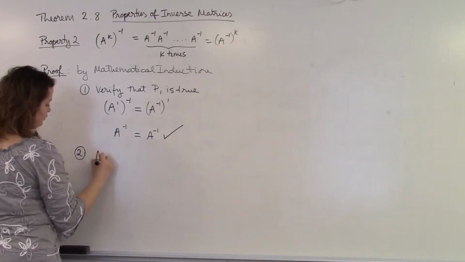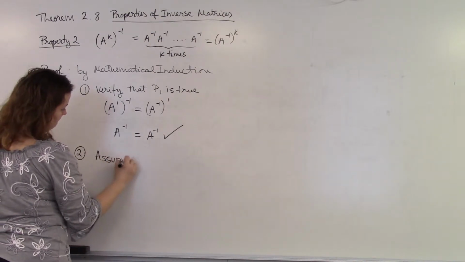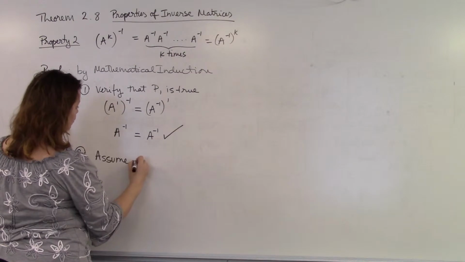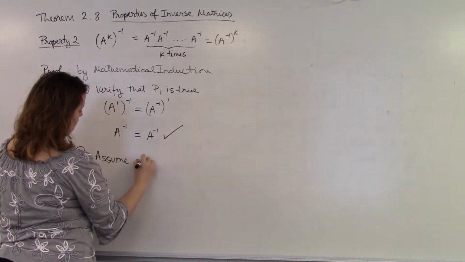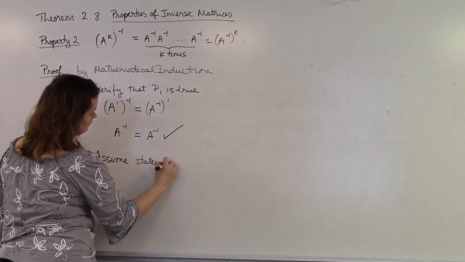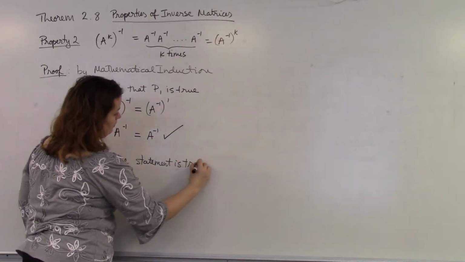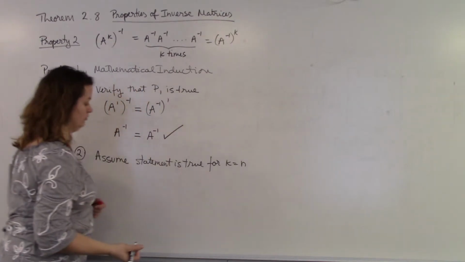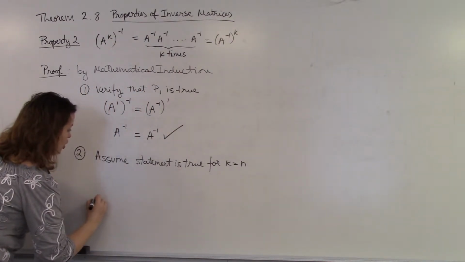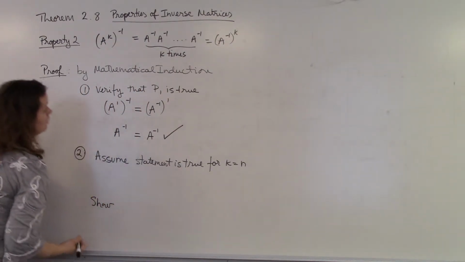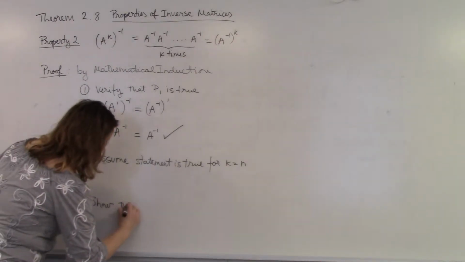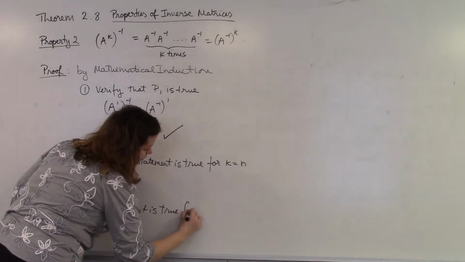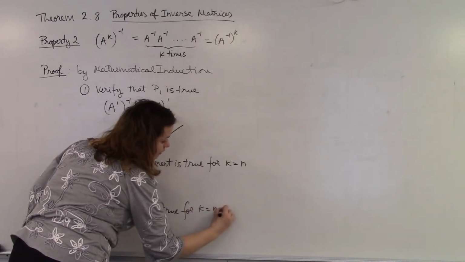Next, the inductive step means that I have to assume that the statement is true for k equals n, and I have to show that it's true for k equals n plus 1.